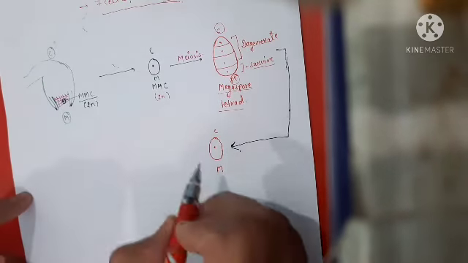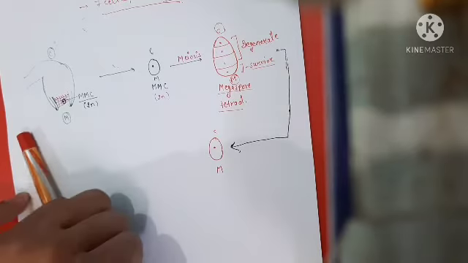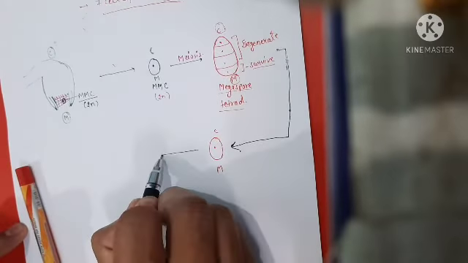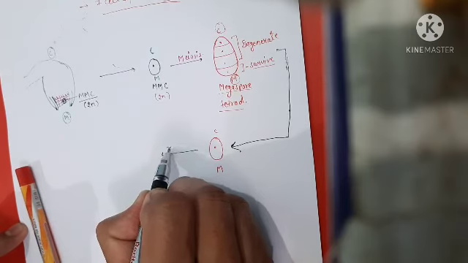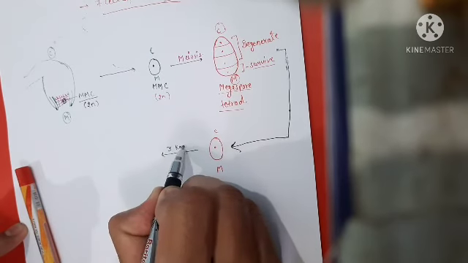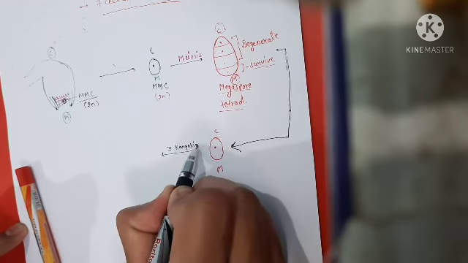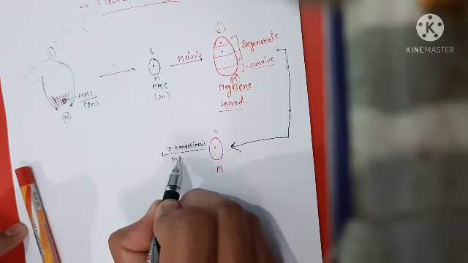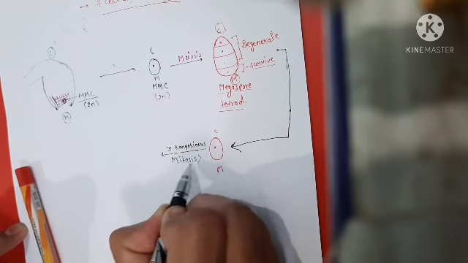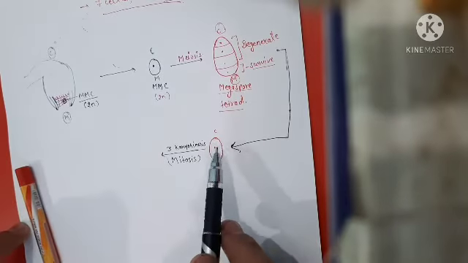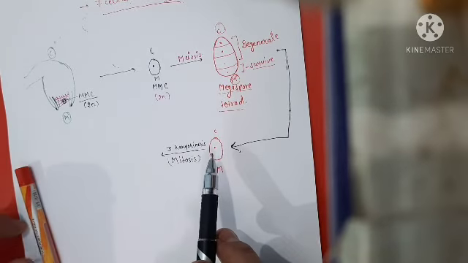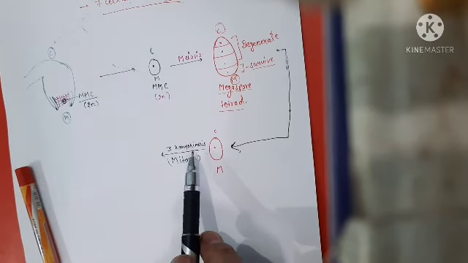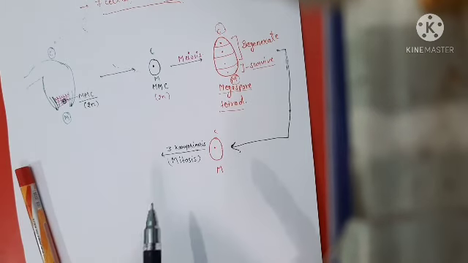Now friends, what will happen? A very important step. In the next step, 3 times karyokinesis, that is mitosis, takes place in the one cell. Three times karyokinesis means division of the nucleus.